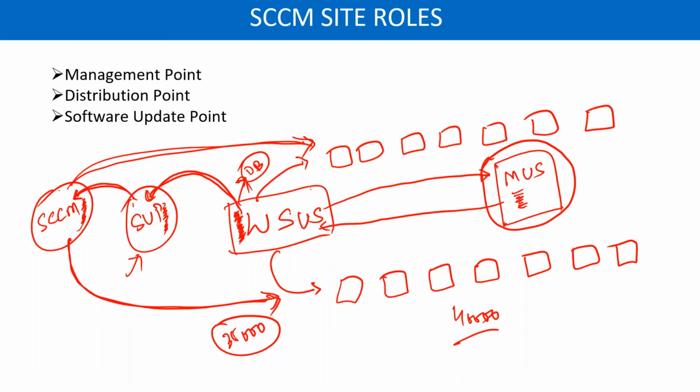If you want your WSUS to connect to a Google server, you need to give that information to WSUS, that you need to connect to the Google Update Server as well. So you have to get the link and then configure that link in WSUS or in SCCM, right? And then it will start syncing the updates.